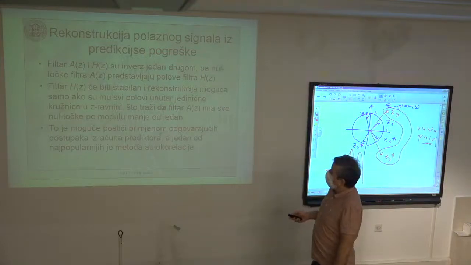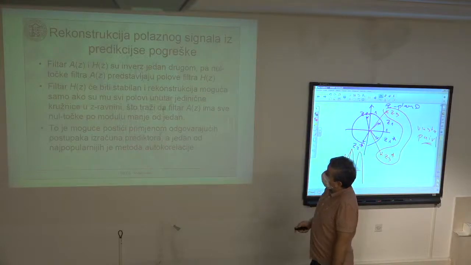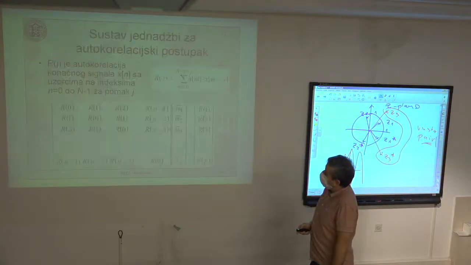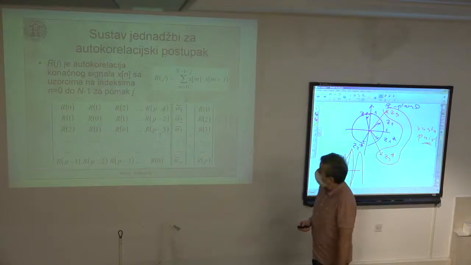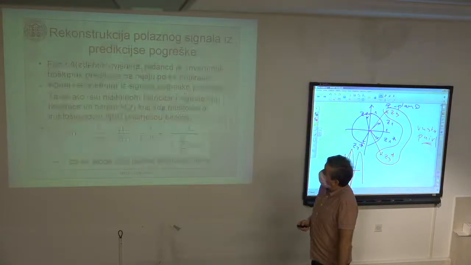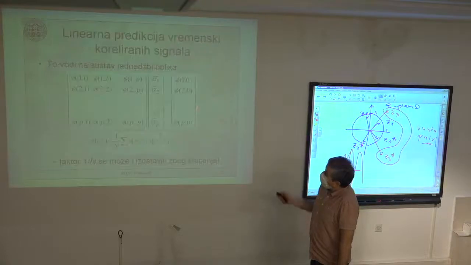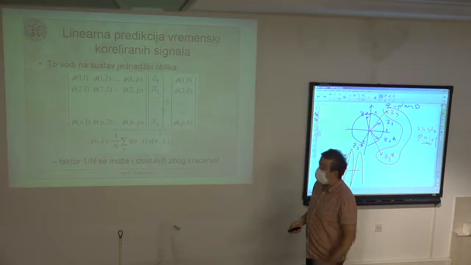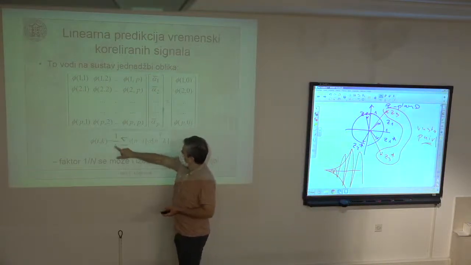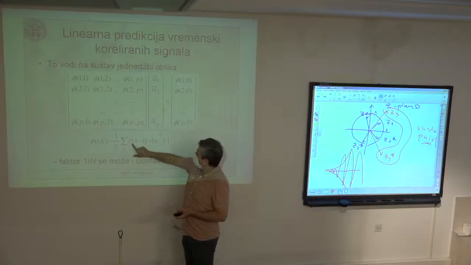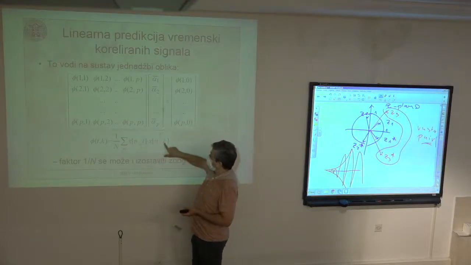This autocorrelation method defines the correlation coefficients in a slightly different way. So if you compare this with the original matrix equation, I had these correlation terms phi(i,k), which were simply the sum over n of x(n minus i) x(n minus k).